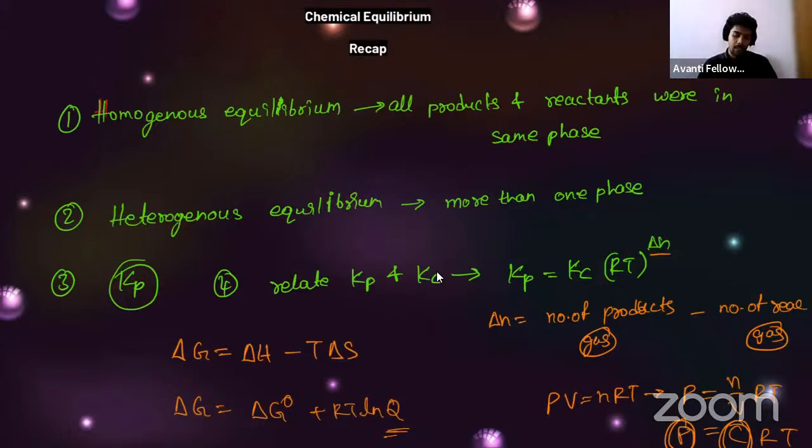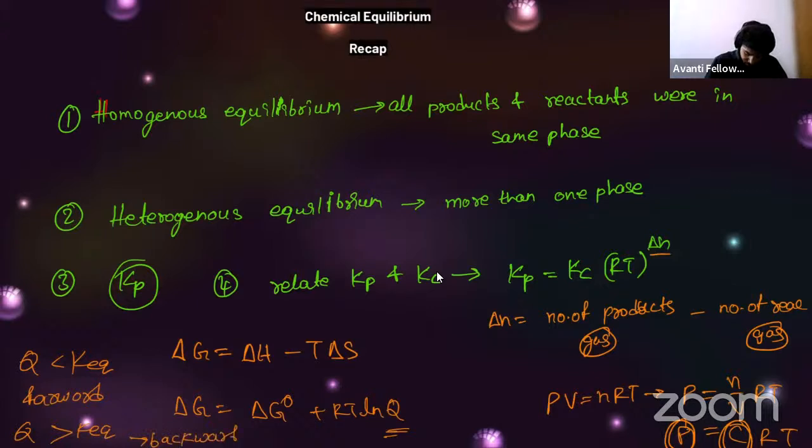If Q is less than K equilibrium, the reaction will go forward so that it attains equilibrium. If Q is greater than K equilibrium, then the reaction will go backward. Simple, right? We have seen these things yesterday.